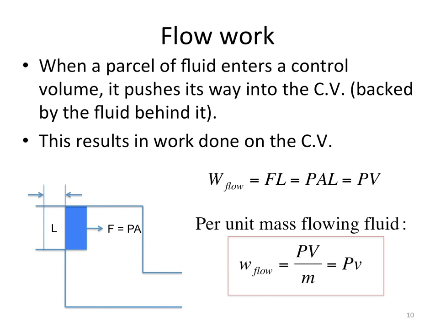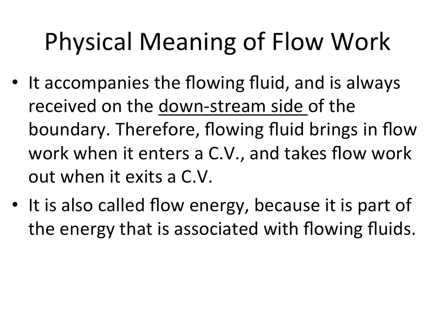Flow work is equal to the work done by the parcel of flowing fluid entering the control volume divided by its mass. As a result, the flow work per unit mass of flowing fluid is the product of pressure and specific volume. So that's flow work, Pv, v lowercase.